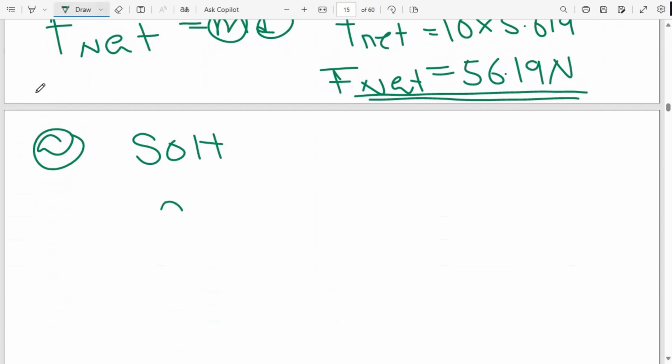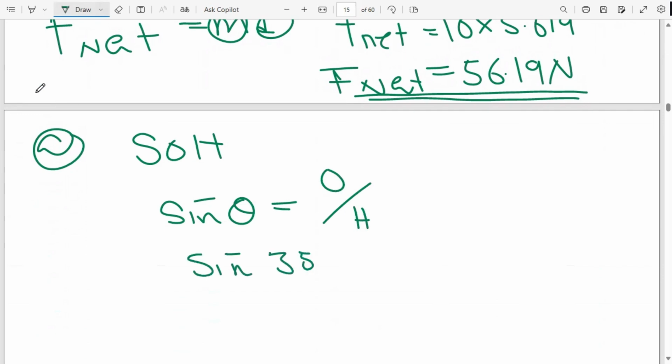Sine theta is equal to opposite over hypotenuse. We already know the theta, so sine 35 degrees should be equal to the opposite over the hypotenuse, which is 150 meters. We'll multiply sine theta with the hypotenuse.